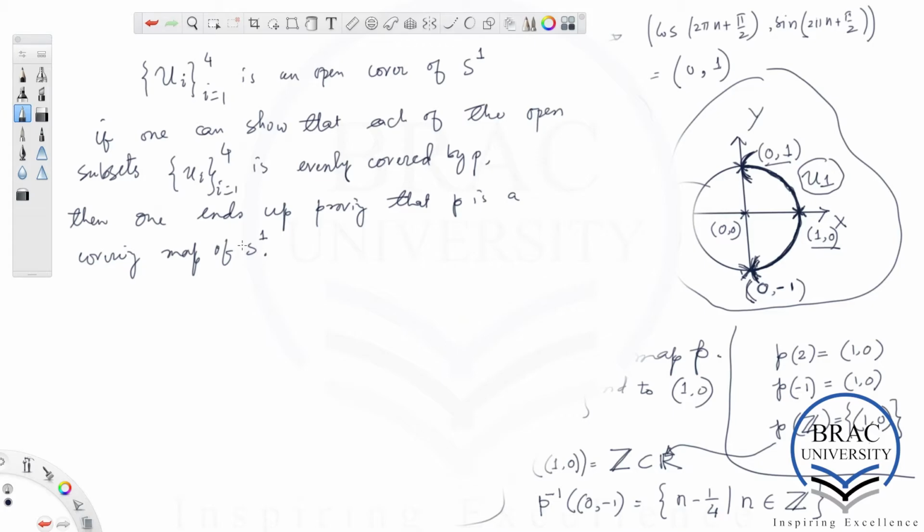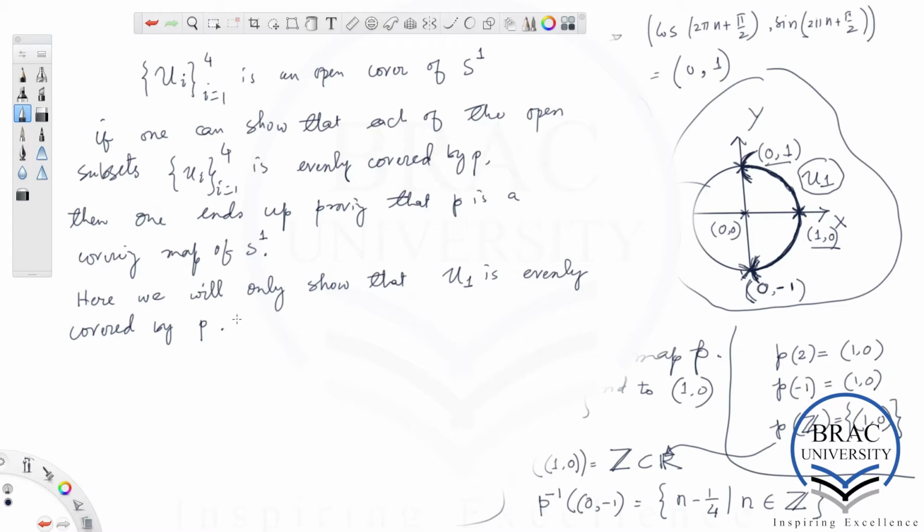Okay, so here we'll only show that U1 is evenly covered by P. Okay. All right, this is what we are going to show.